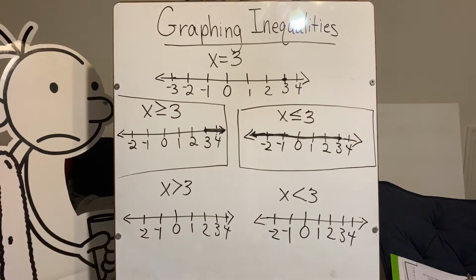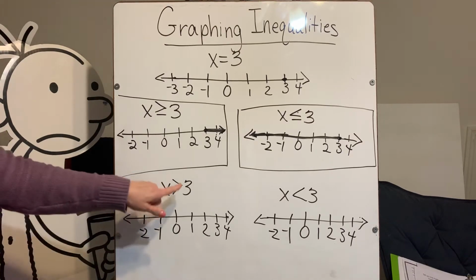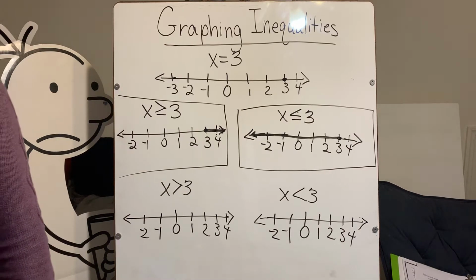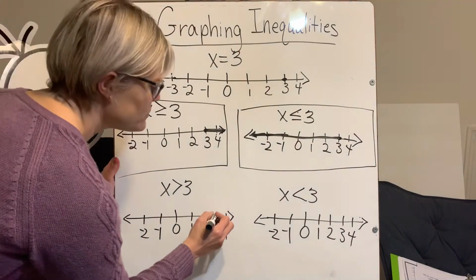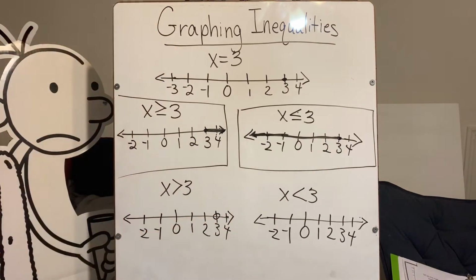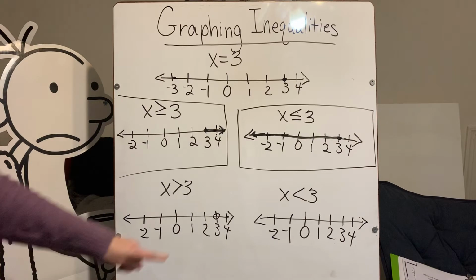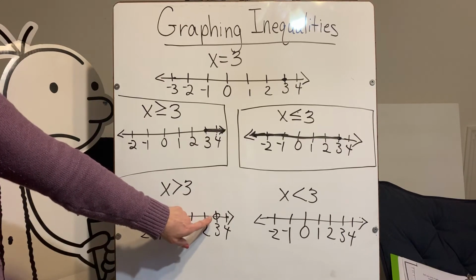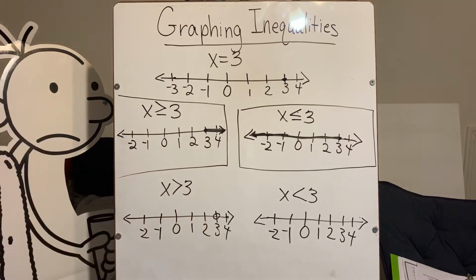Okay? Now, down here, it just says x is greater than 3. It does not say it's equal to 3. So since it's not equal to 3, when I come to the 3, I'm going to put a circle there, but I'm not going to fill it in. If it's an open-faced circle, which means it's not filled in, then it does not include that number.